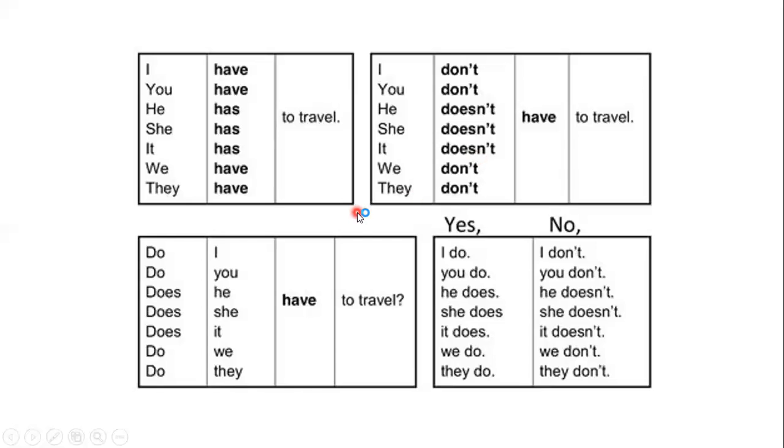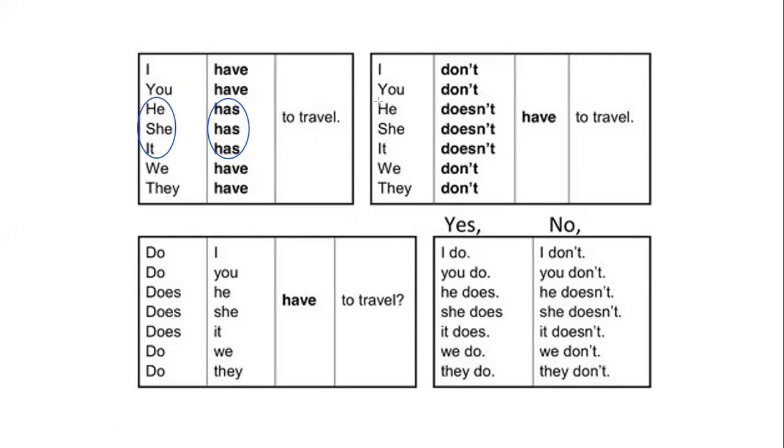And here we have more examples, okay? For example, in the first part, it says, I, you, he, she, it changes. We, they have to or has to travel, okay? So notice how this is going to change. It's not the same, okay? Because it's has to with he, she, it.